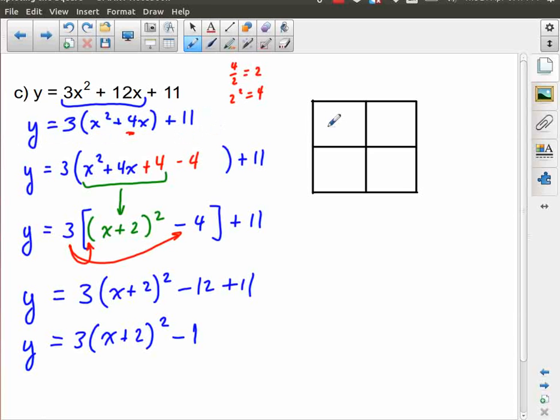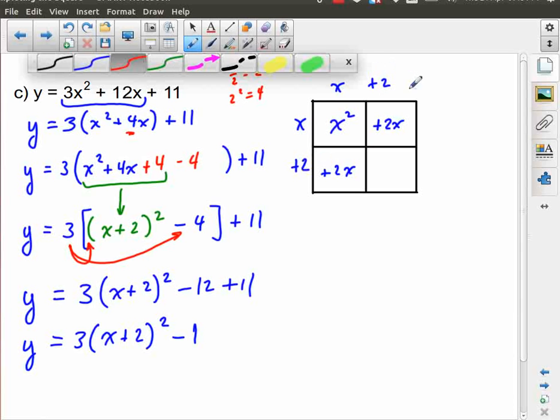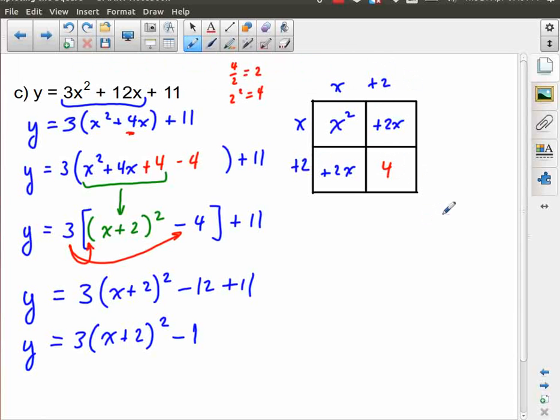So x squared plus 4x would be plus 2x here and plus 2x here. And so what I need to do is just complete the inner part. So this becomes x plus 2, this becomes x plus 2, and then 2 times 2 is 4, but I have to put a minus 4. And you can see we've got this here.